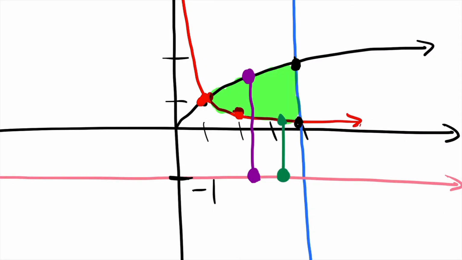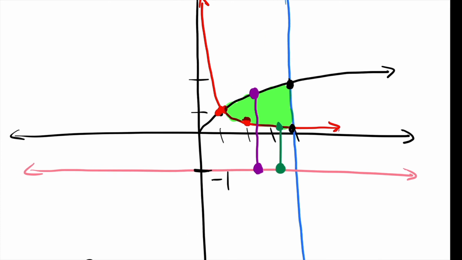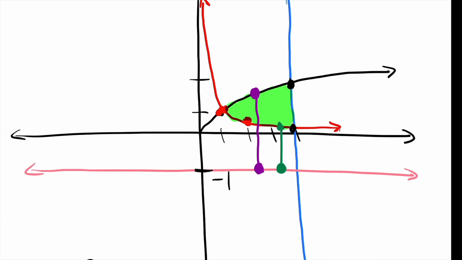Okay. So the first thing, before I show you what answer I got, is my graph. Because once you draw the graph, it becomes very apparent dy or dx, top versus bottom, big R versus little r. So the purple is going to be big R. The green is going to be little r.